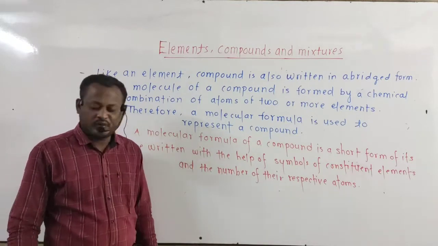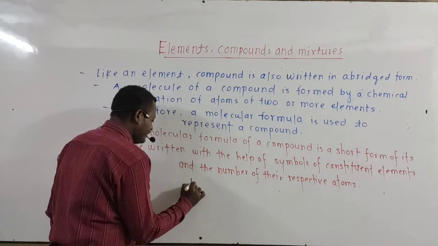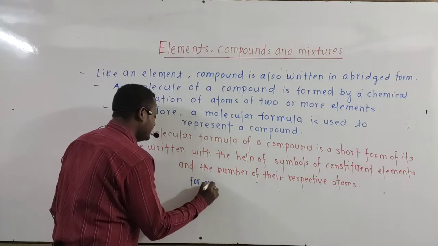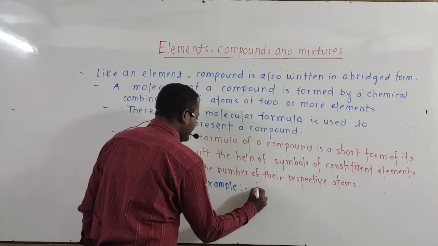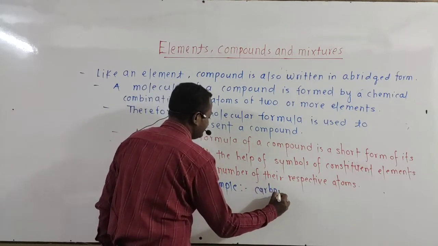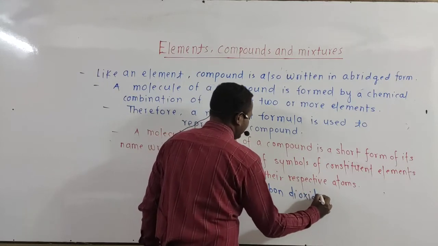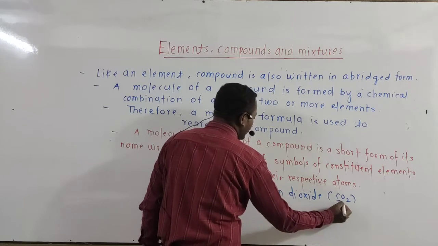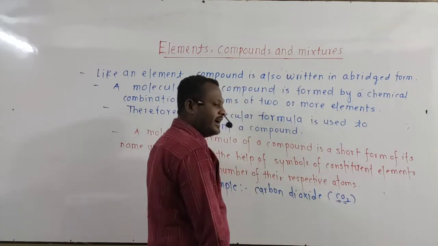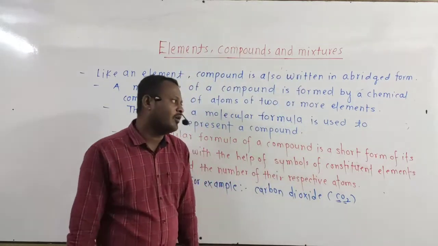Remember that. For example, carbon dioxide. We can write carbon dioxide as CO2. Here C is for carbon, O for oxygen, and the 2 indicates that there are two atoms of oxygen.